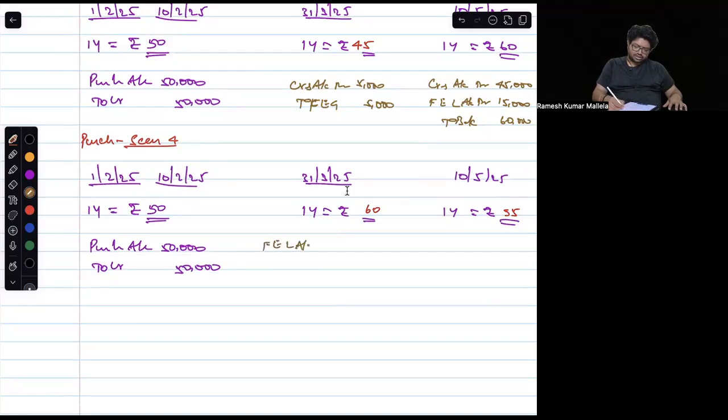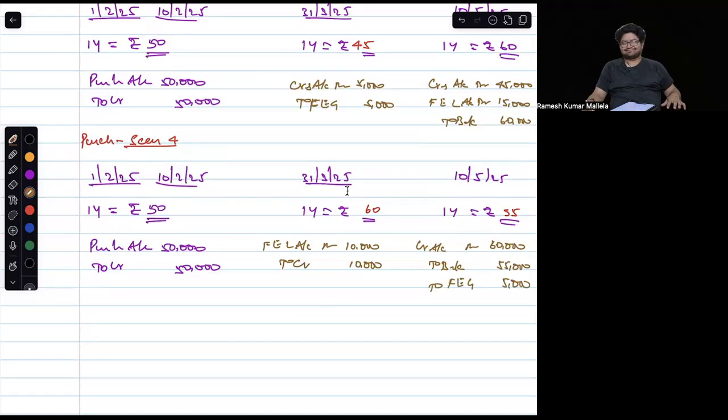Foreign exchange loss account debit to creditor 10,000. And then on 10th May, what will happen? Creditors account debit 60,000 to bank, you will pay only 55,000, and to foreign exchange gain you have 5,000. Clear, people? Yes, sir.